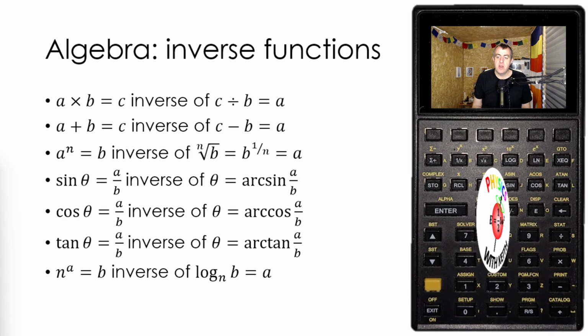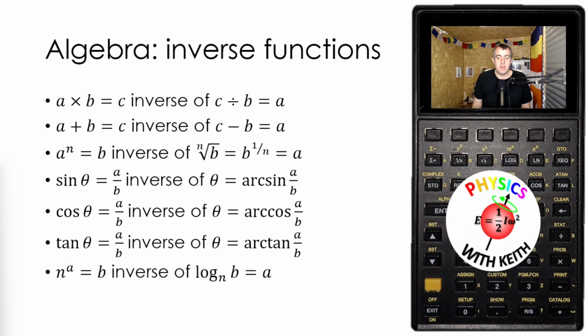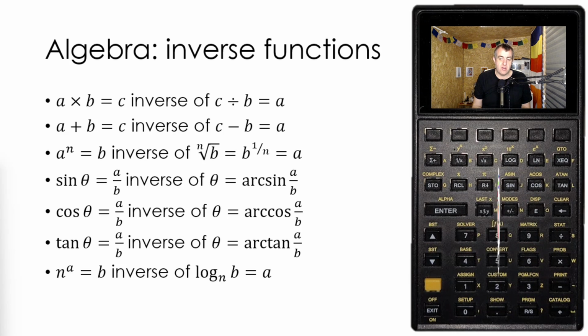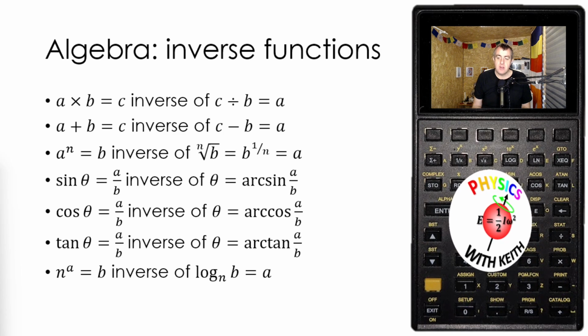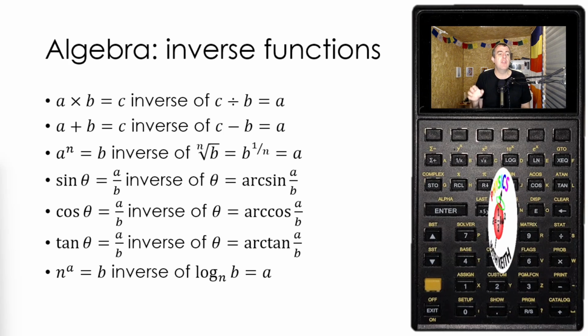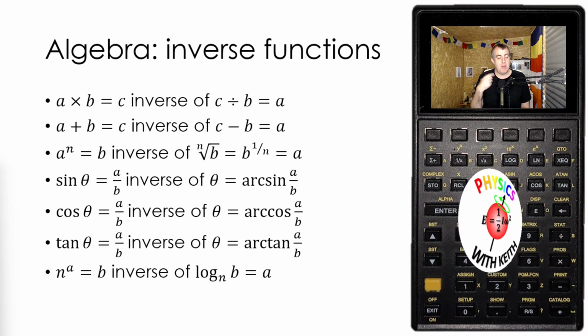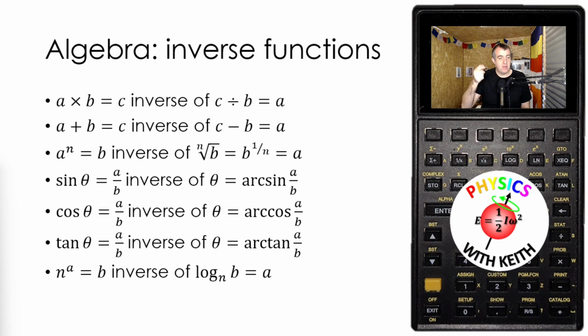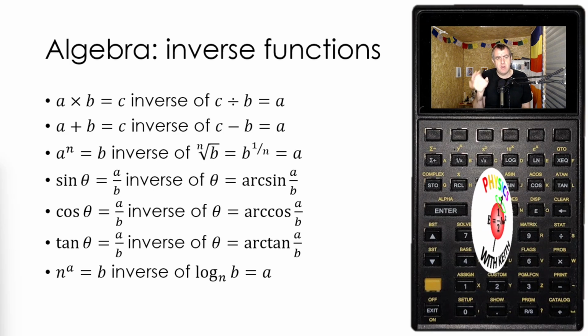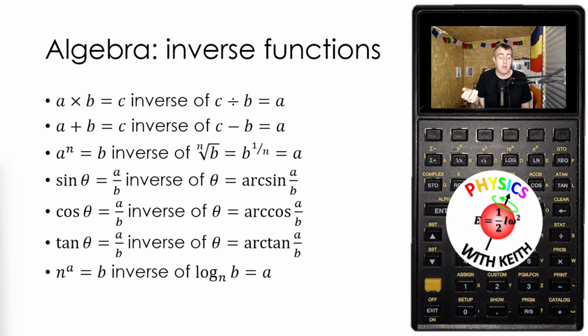We also have your trig functions and their inverses. Sine, cosine, tangent, arcsine, arccosine, arctangent. Your calculators may say sine to the minus 1, but that's an ambiguous notation, so I avoid it. The power of minus 1 means the reciprocal. It can mean the inverse as well, but because of that ambiguity, if I can avoid ambiguity, I will.